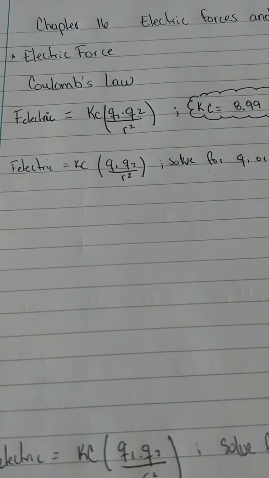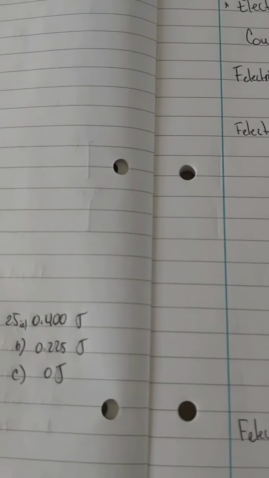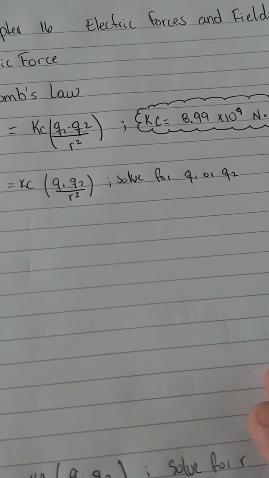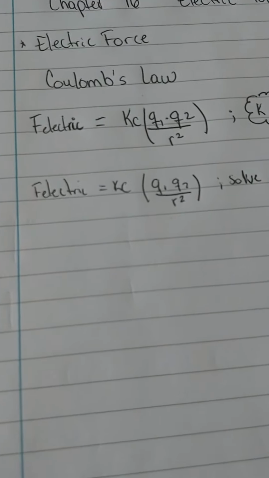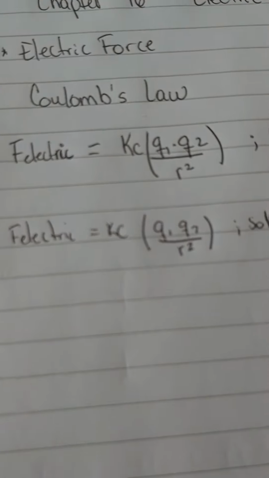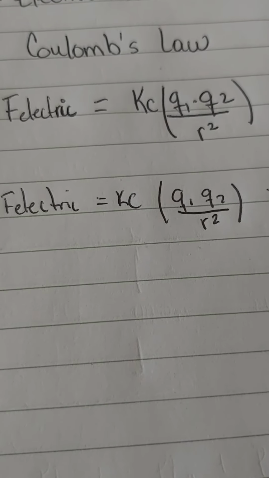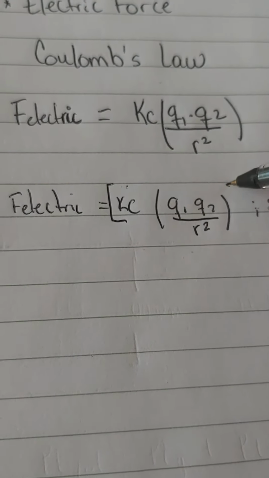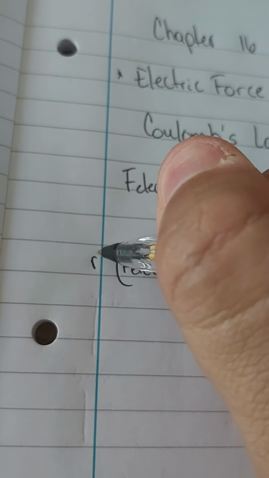Okay? Now, let's solve the formula. Let's solve for q1 or for q2. It will be the same process. So first, step 1 will be to multiply both sides of the equation by radius squared.